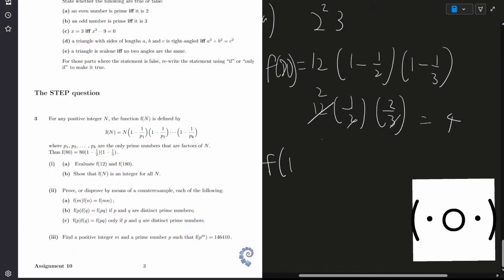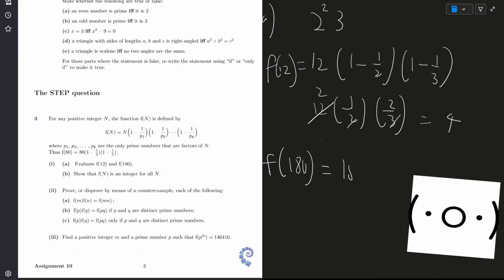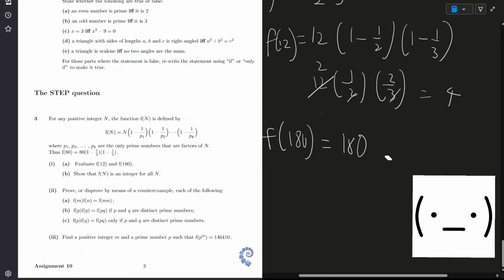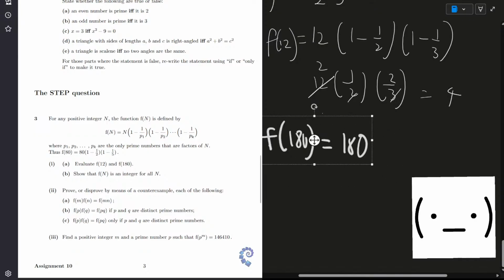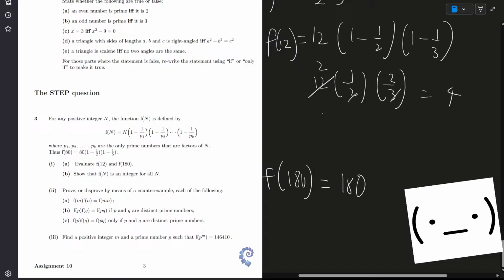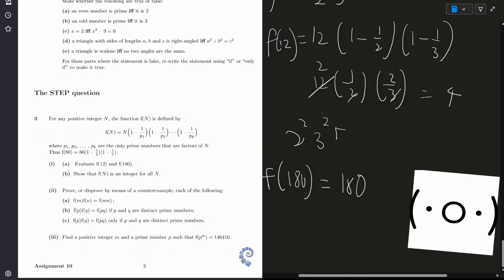And then our lovely, oh, no, not 80. It's 12. And we've got 180. Oh, wait, what's 180 again? 180's prime factors are 3 to the power of 2, 2 squared, and 5.